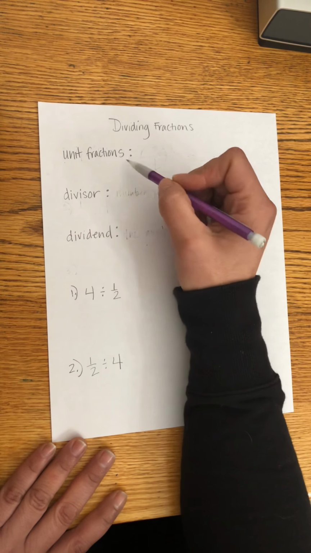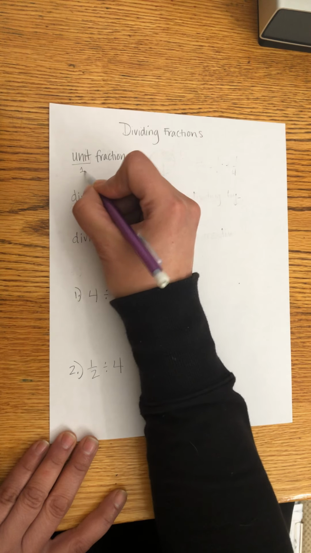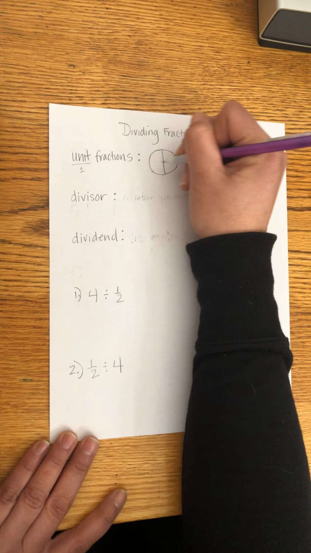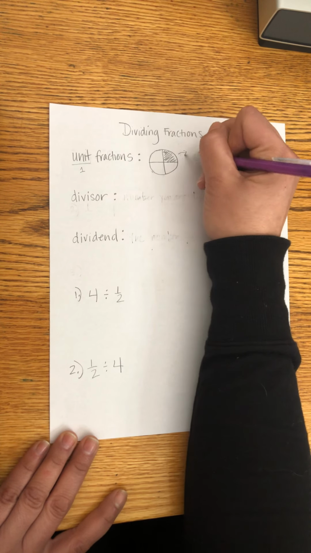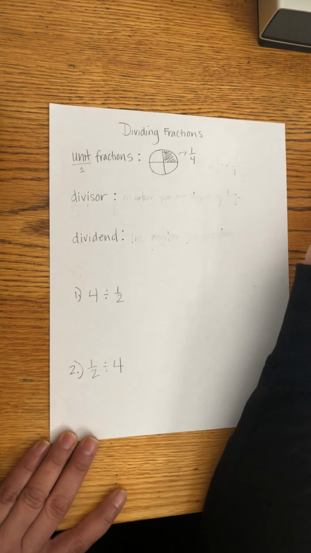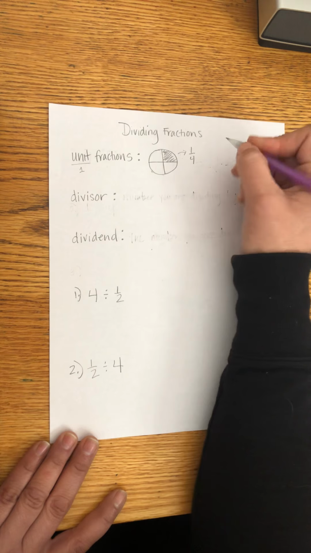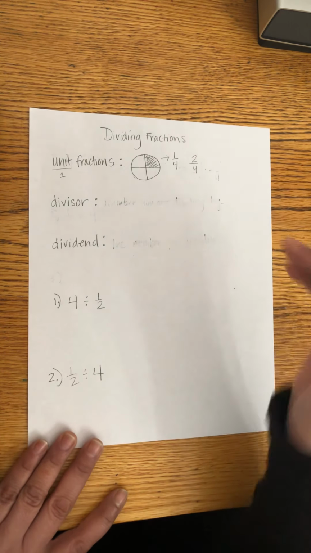But before we talk about that, let's talk about unit fractions. Unit means 1. So if I have a whole that is broken up into fourths, one of them is 1/4, right? So a unit fraction is 1 out of the whole. If I have 2/4, what is the unit fraction of that?